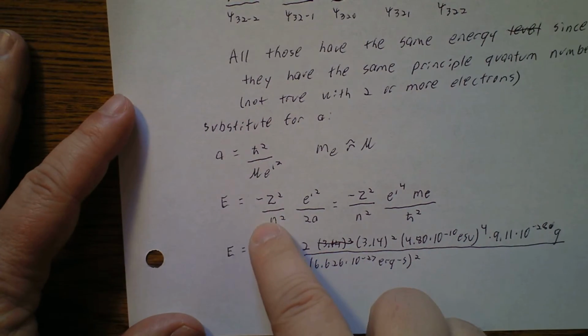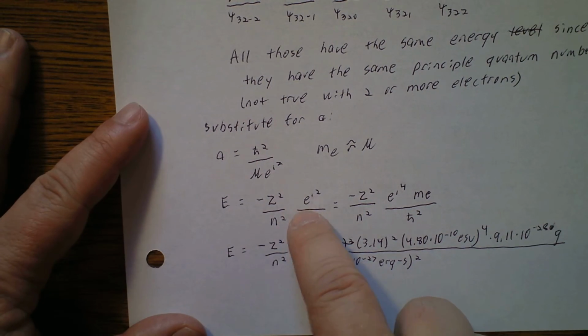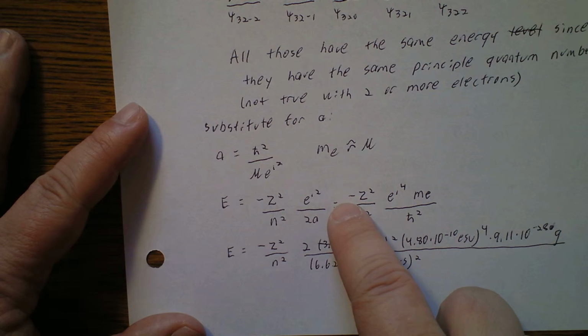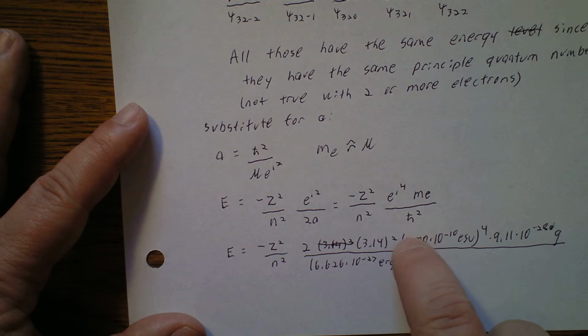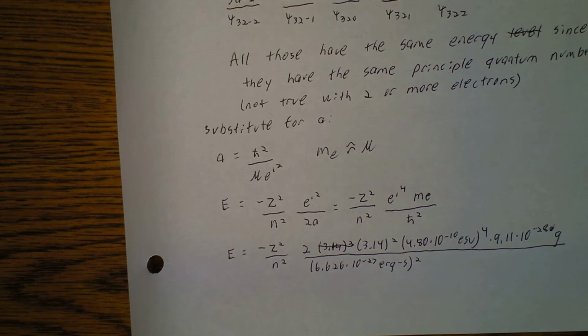So we have energy is equal to minus Z squared over n squared times e prime squared over 2a, which is minus Z squared over n squared times e prime to the 4th over h bar squared times the mass of the electron.